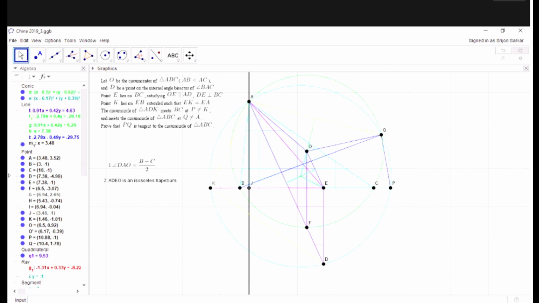And pretty much everyone knows the alternate segment theorem, the R.D. Sharma, R.S. Agarwal thing. So keep that in mind and try to chase angles now.